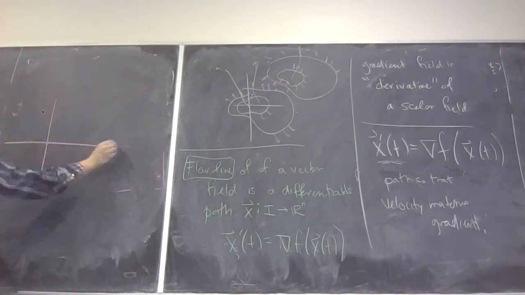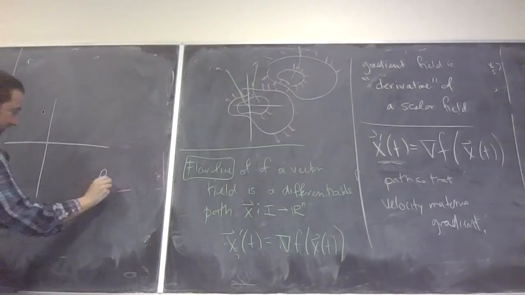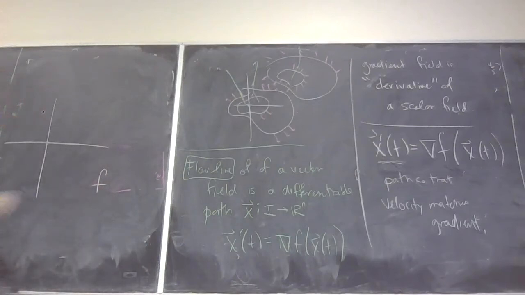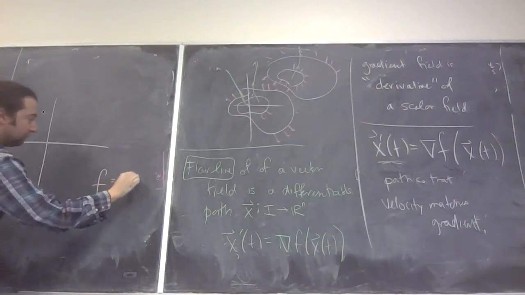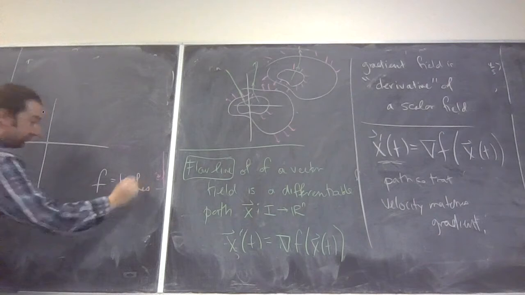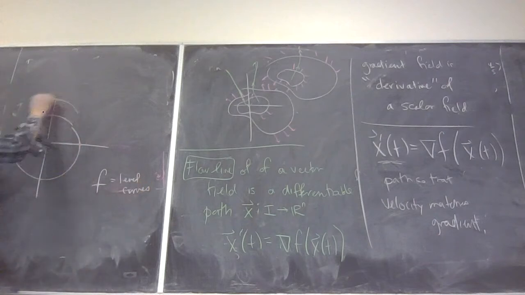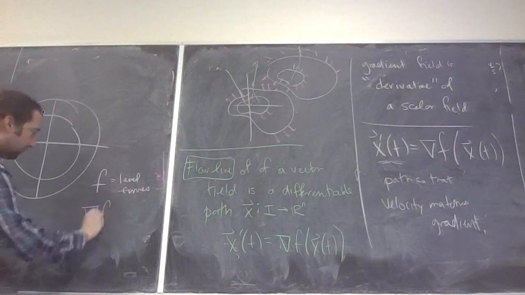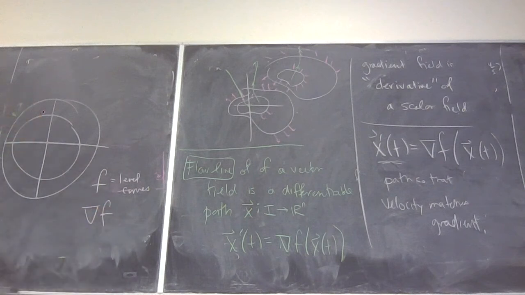So you have some F, a bunch of potentials. What F does is give you level curves. There's a level curve, there's a level curve. You have the gradient of F, which gives you gradient vectors, the directions of greatest change. That gets you these.